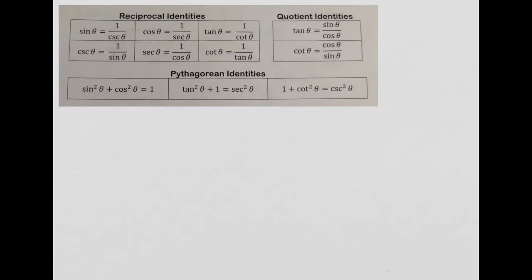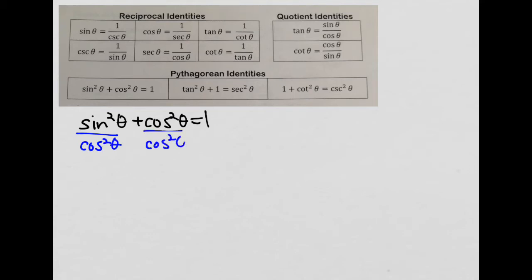So if we have sine squared theta plus cosine squared theta equals 1, we can divide each of these by cosine squared. So we're dividing both sides of the equation by cosine squared, which is allowed. Okay, if we use our identities, sine over cosine is tangent.